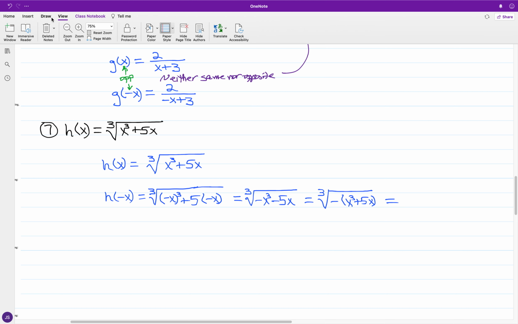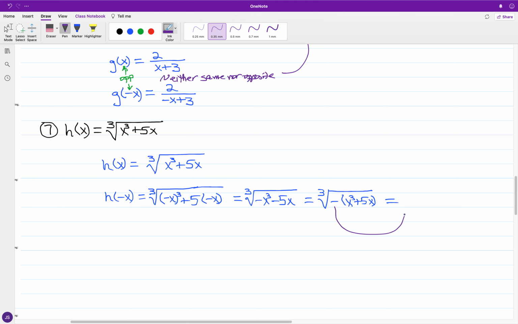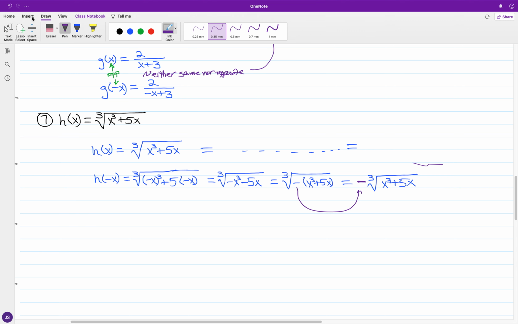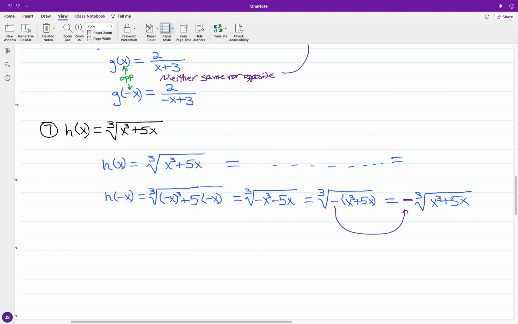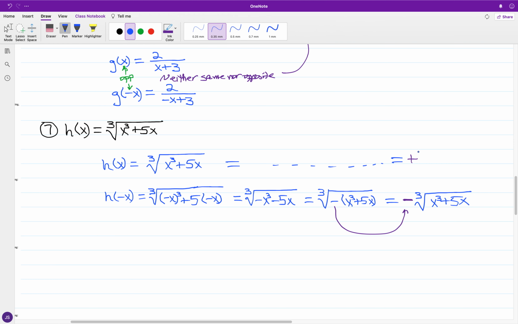From the cubic root of a negative, I'm going to have the negative of the cubic root of x cubed plus 5x, whereas with h of x, that is going to be the positive cubic root of x cubed plus 5x.